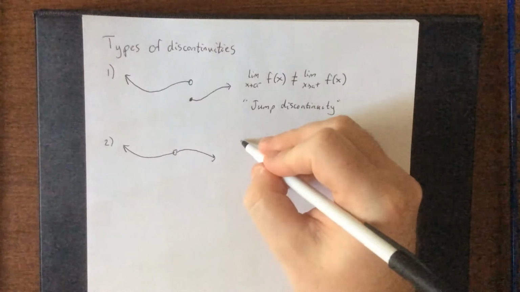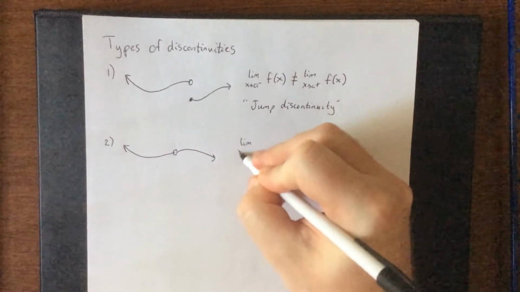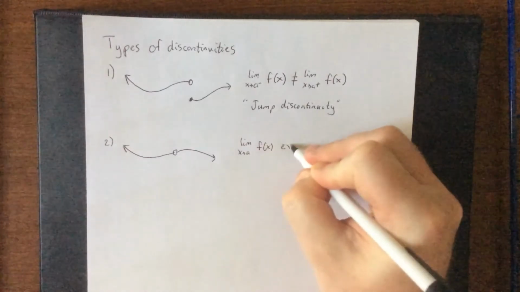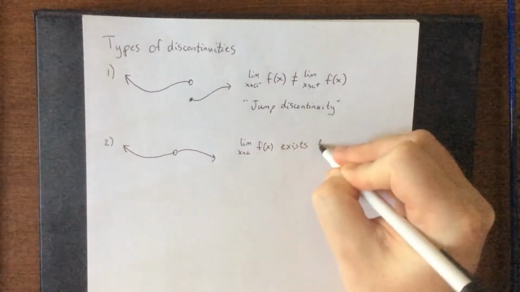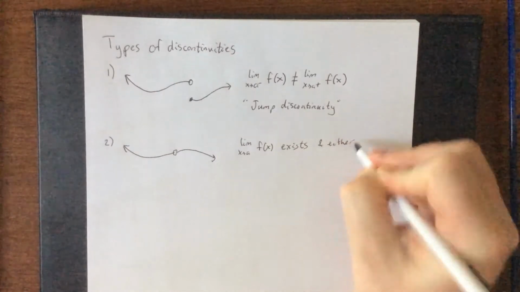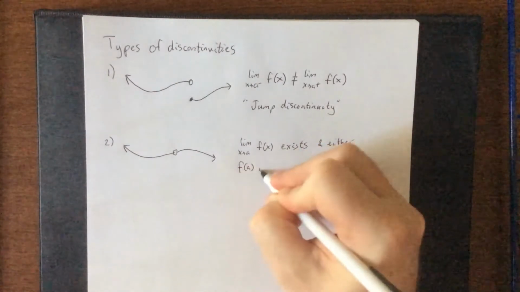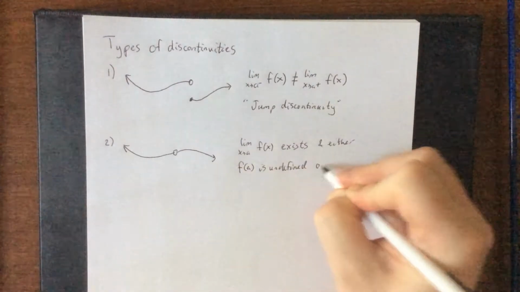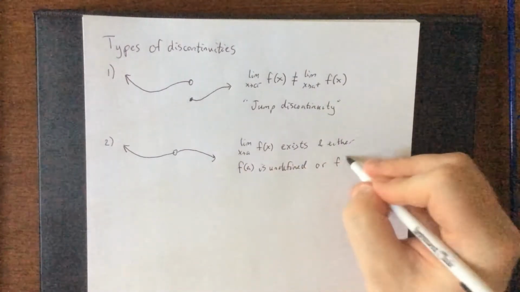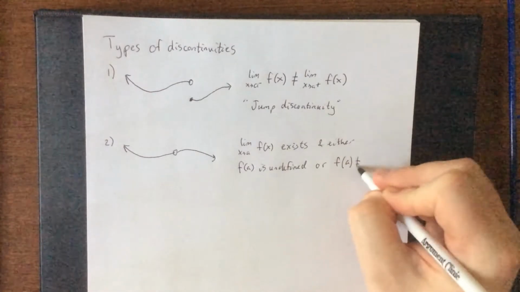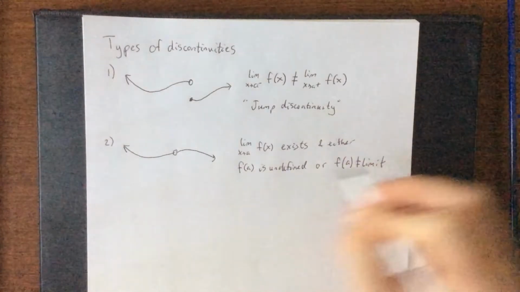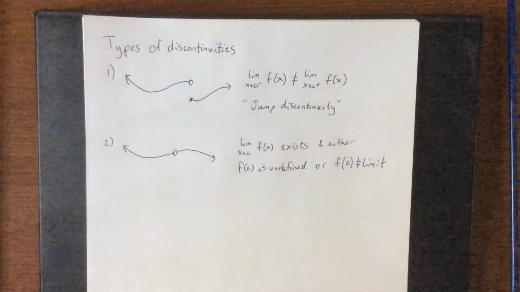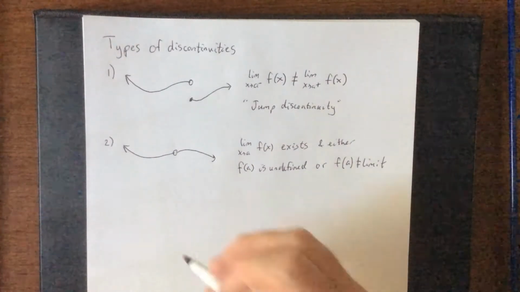So this is one where the limit as x approaches a of f of x exists, and either f of a is undefined or f of a is not equal to the limit that we mentioned right back here. So either it's undefined or it's not equal to the value of the limit.